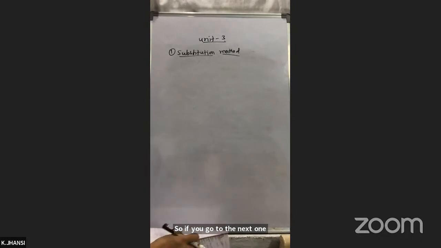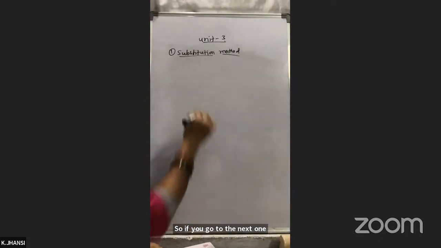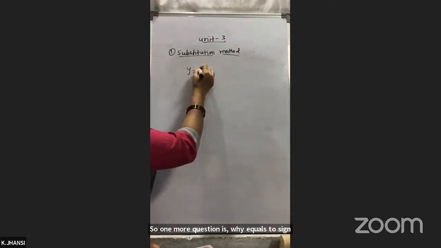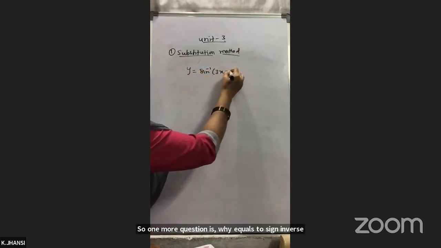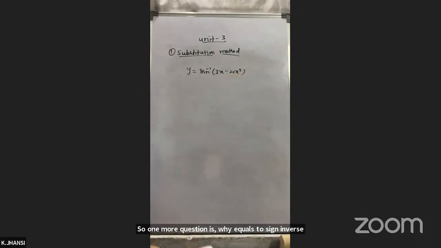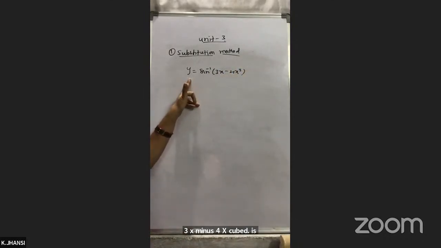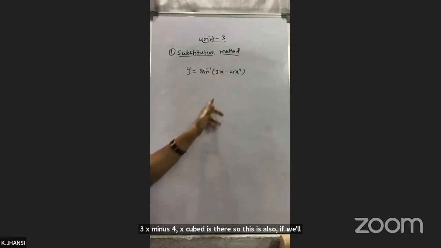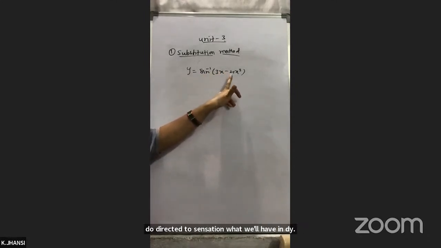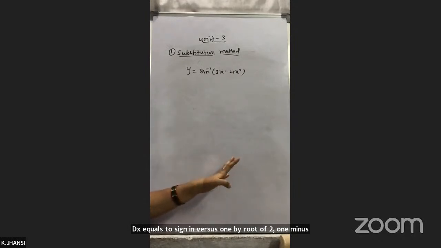One more question is y equals sine inverse of 3x minus 4x cube. If we do direct differentiation, dy by dx equals 1 by root of 1 minus (3x minus 4x cube) whole square, which we have to work out.